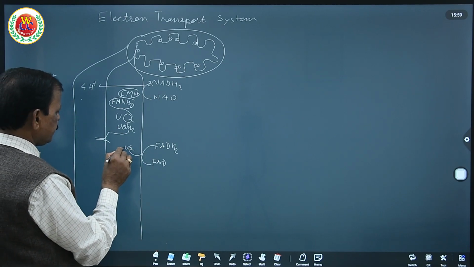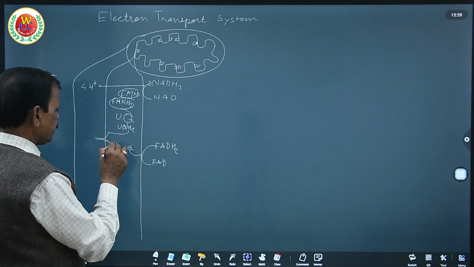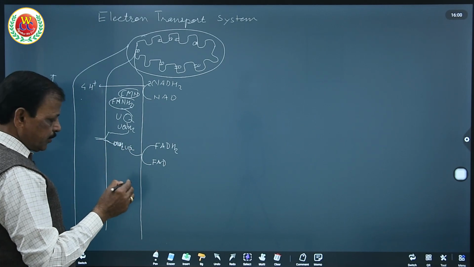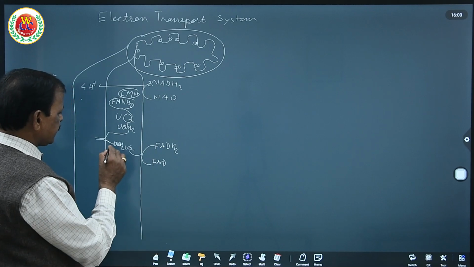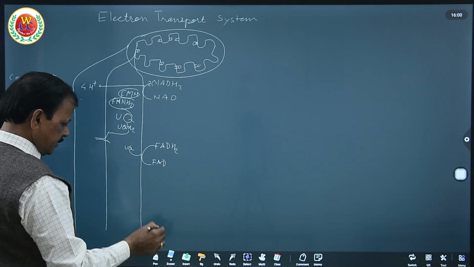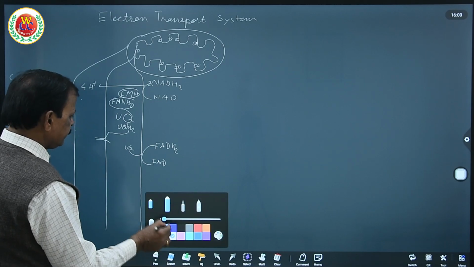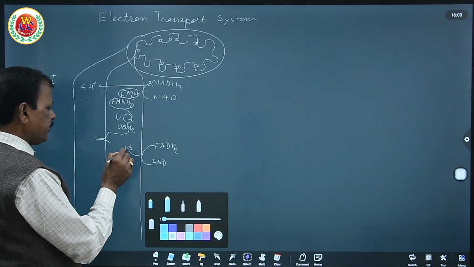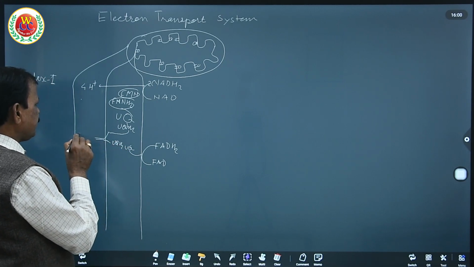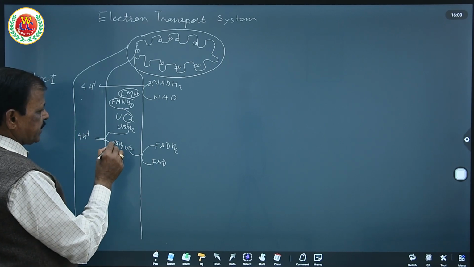To UQH2, these 2 more protons, with the oxidation of FADH2, combine with UQ to form UQH2. So a total of 4 H positive ions are transported here.